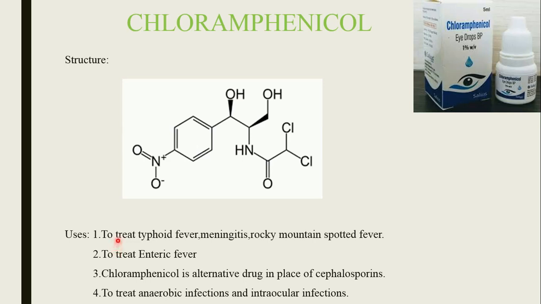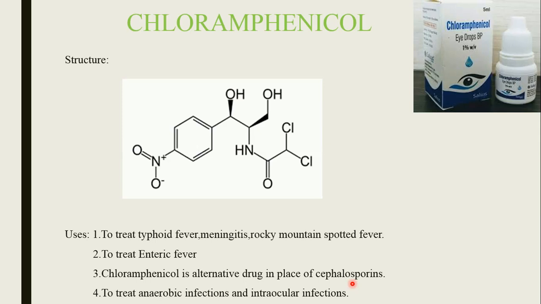This chloramphenicol is used to treat typhoid fever, meningitis, and Rocky Mountain spotted fever. It is a type of fever which occurs by one type of microorganism. It is used to treat enteric fever. Chloramphenicol is an alternative drug in place of cephalosporins.